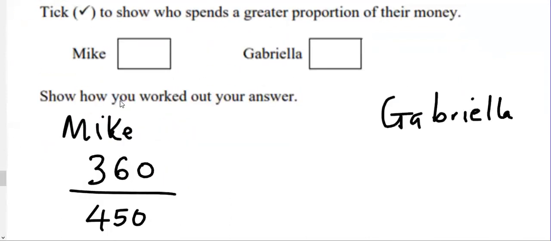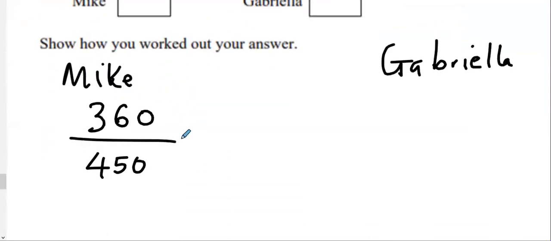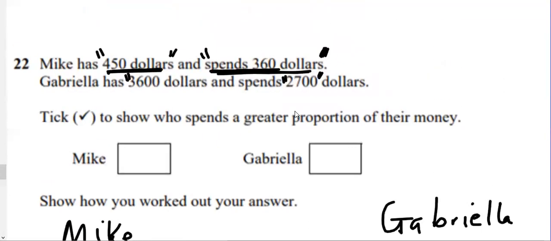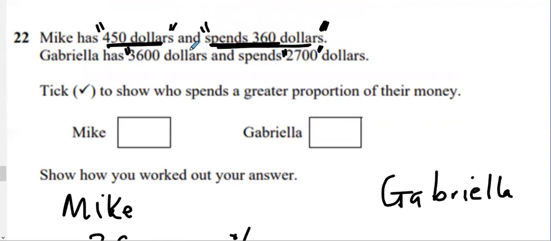So 360 over 450. Because we need a percentage, you multiply by 100%. This is the easy way of comparing two or more quantities: convert those quantities into percentages.